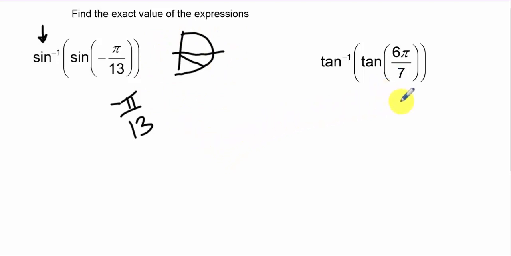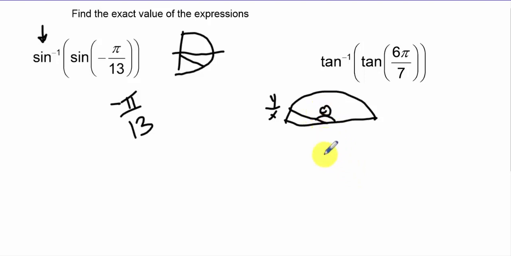But when I come over to this problem, it's going to be a little bit different, and here's why. They're asking me to find the tangent of 6 pi over 7, which is somewhere over here. I can't tell you the y over x value of that because it's not a unit circle problem, but they want to know what angle gives me that value. Well, I know there's a reference angle right here of pi over 7. The problem is I can't state that your answer is 6 pi over 7, because I have this implied inverse tangent.